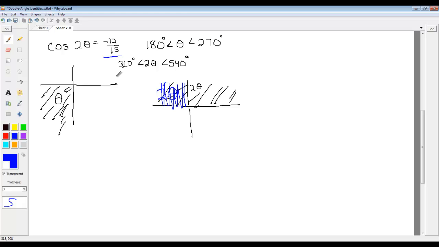So, if 2 theta is in quadrant 2 somewhere, and cosine 2 theta is negative 12/13, let's see what we got here. Could draw a triangle here for the 2 theta scenario.